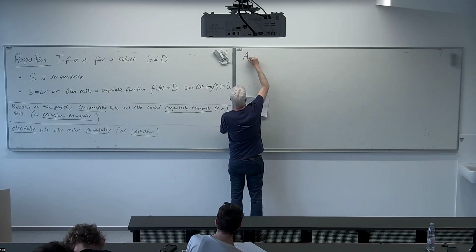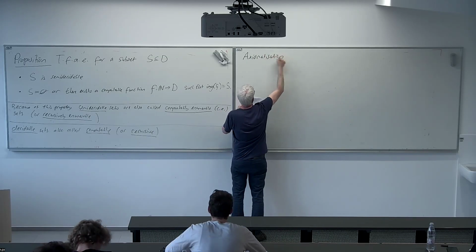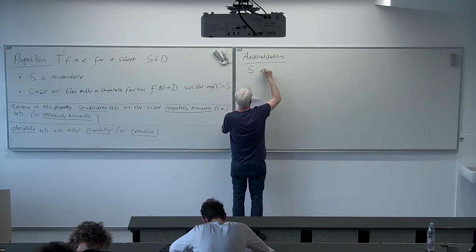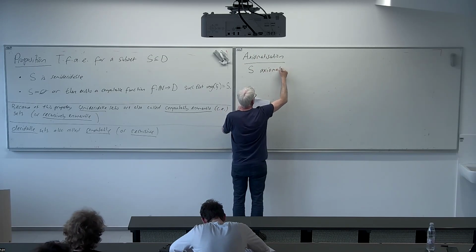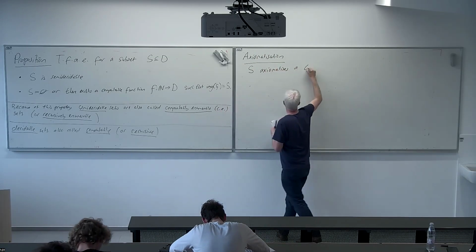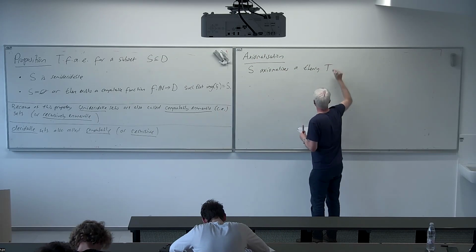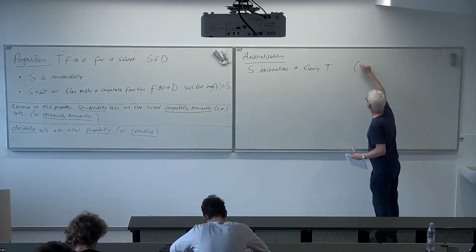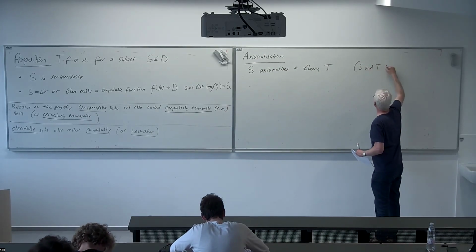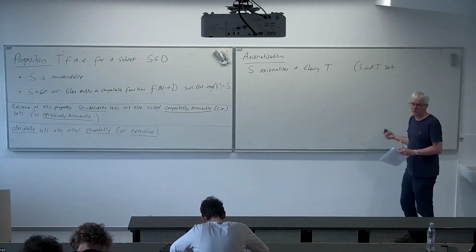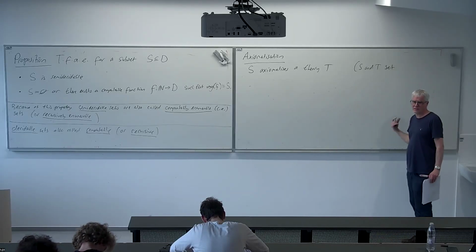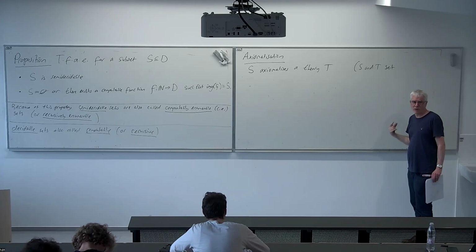So the idea of an axiomatization: we say that S axiomatizes the theory T, where S and T are sets of sentences over some signature we've got. And by the way, when we're talking about decidability for a logical signature, we're always assuming the signature is countable.